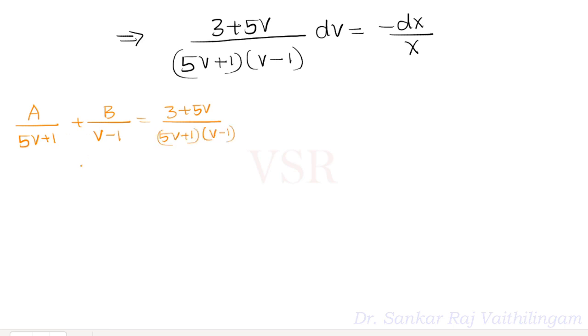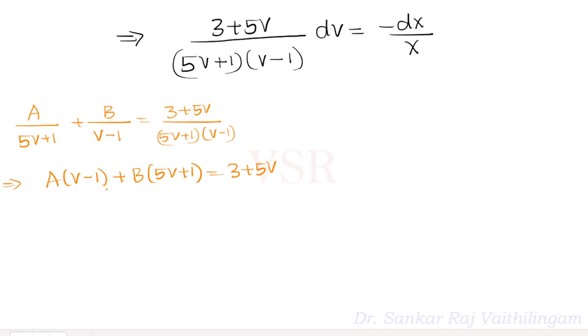This implies that the equation will be a into v minus 1 plus b into 5v plus 1, equal to 3 plus 5v. The denominator cancels on both sides, so we have this equation.